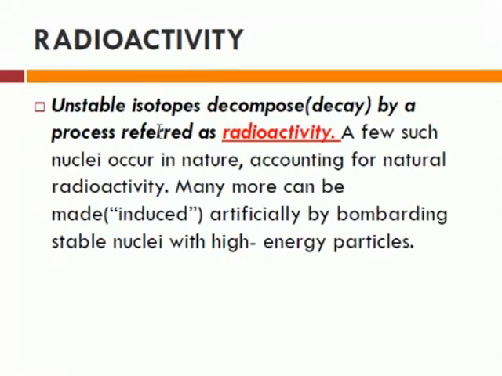Radioactivity. Unstable isotopes decompose or decay by a process referred to as radioactivity. A few such nuclei occur in nature, accounting for natural radioactivity. Many more can be made or induced artificially by bombarding stable nuclei with high-energy particles.